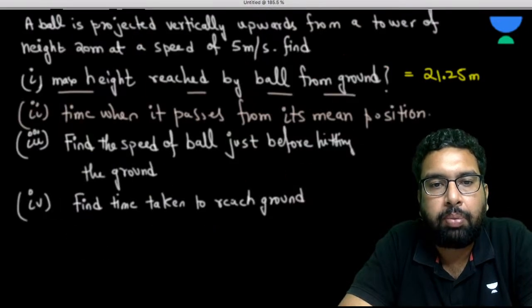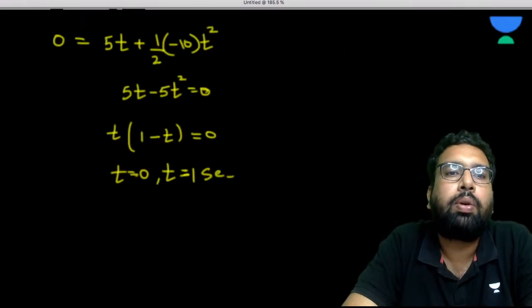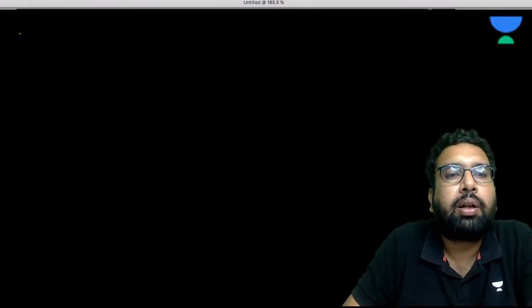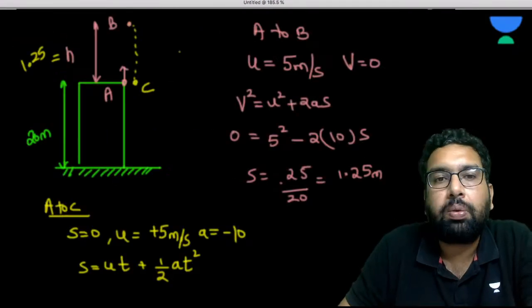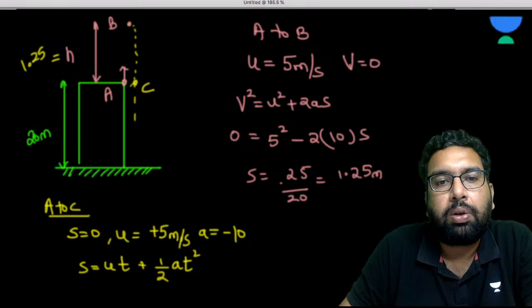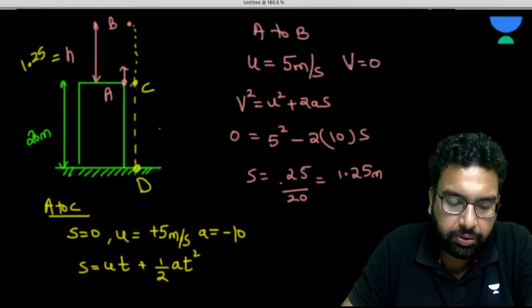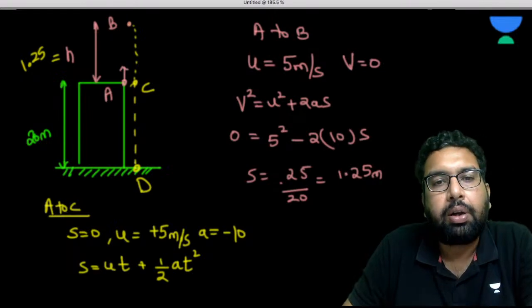Find the speed of the ball just before hitting the ground. So just before hitting the ground, afterwards, what is going to happen? It is going to reach this D point. Ultimately, it is going to strike the ground.